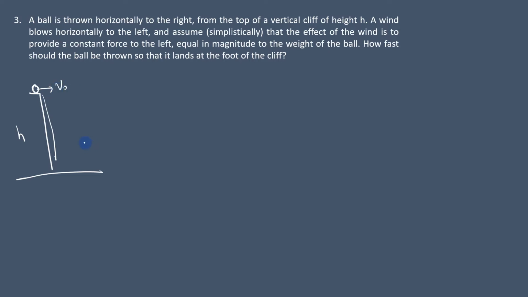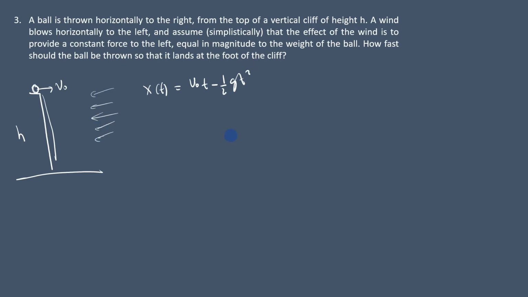This velocity is horizontal. The horizontal position is given by the equation of projectile motion: x equals v0 t minus 1/2 g t squared. This is not constant velocity because there is a wind that blows horizontally to the left.